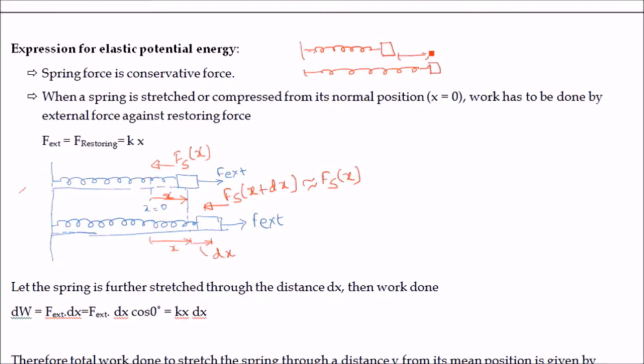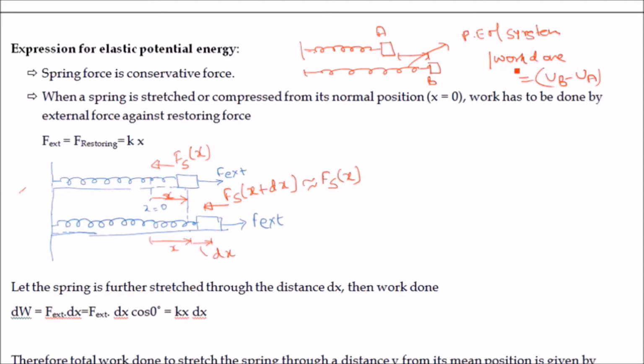We term this point as point A, and this point as point B. So the work done or the potential energy stored will depend on the potential energy at points A and B. So the potential energy of the whole system, or we may call it the work done, is equal to UB minus UA.